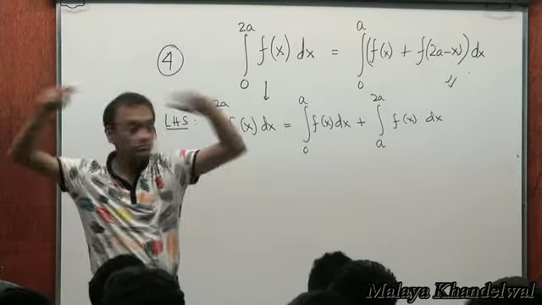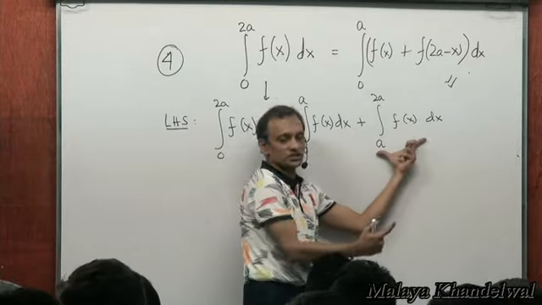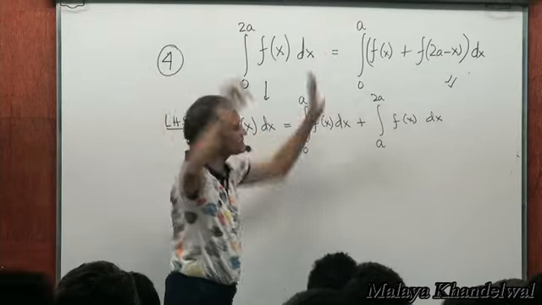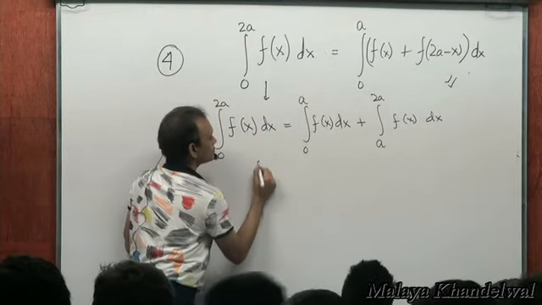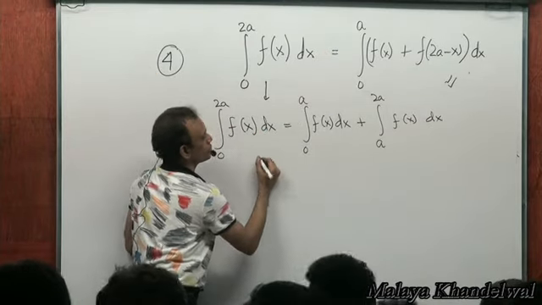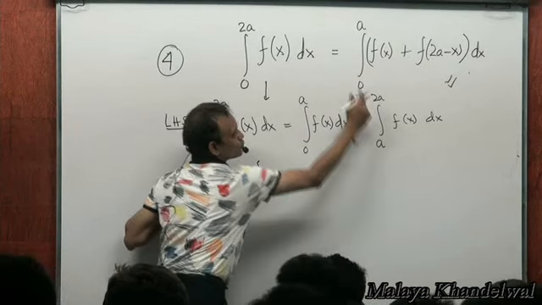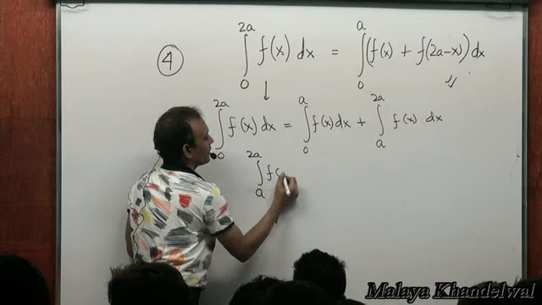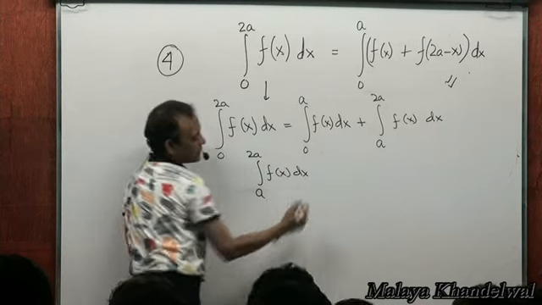So I just deal with this and establish that this is equal to 0 to a f of 2a minus x. So a to 2a f of x dx.